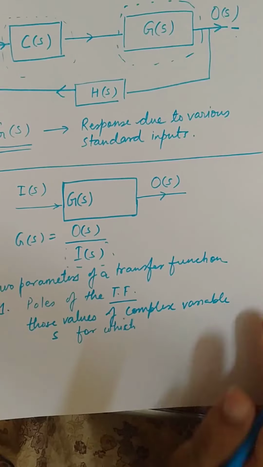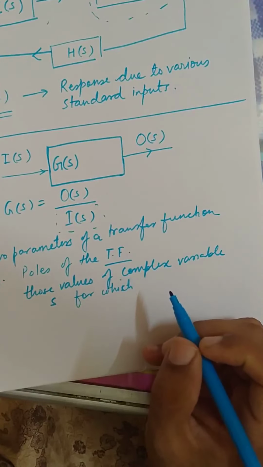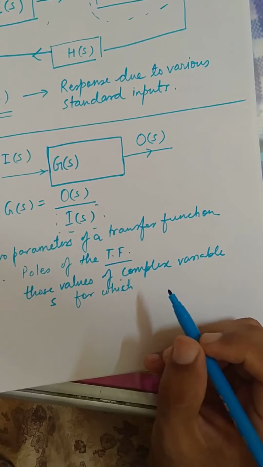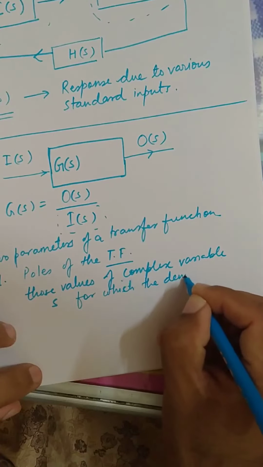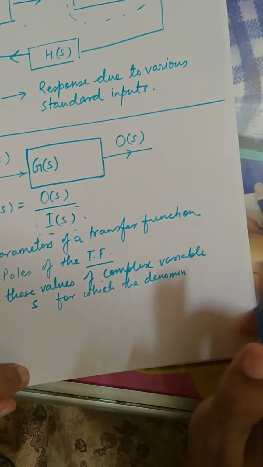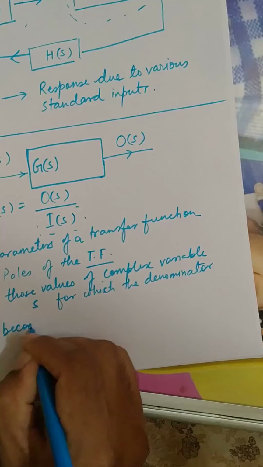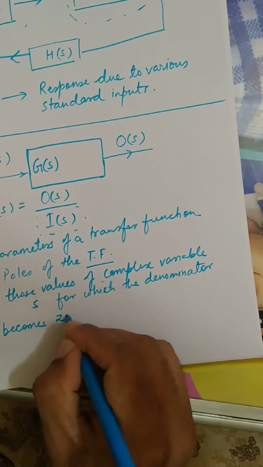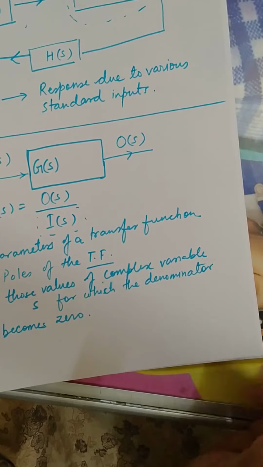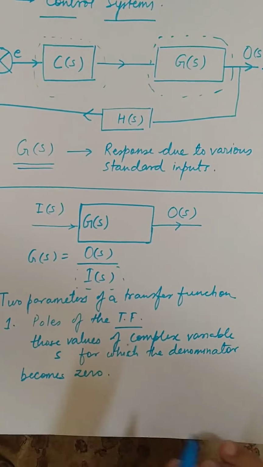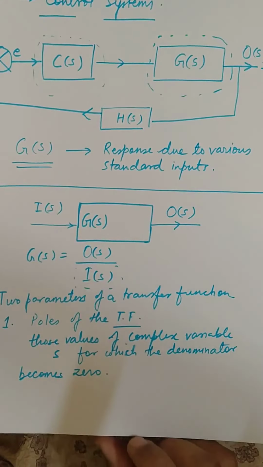For which the denominator of G(S) goes to 0, those are called the poles of the system, right? For which the denominator becomes 0. Those values of S are called the poles of the system, right? That means those values of S for which the G(S) would go to infinity, you can say.